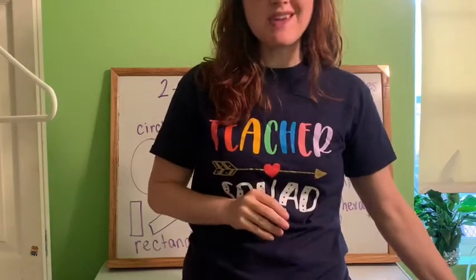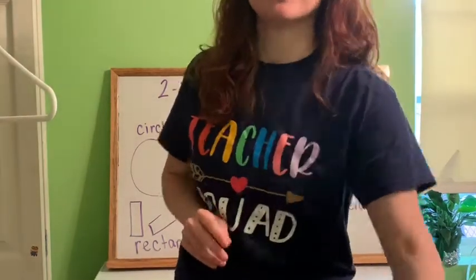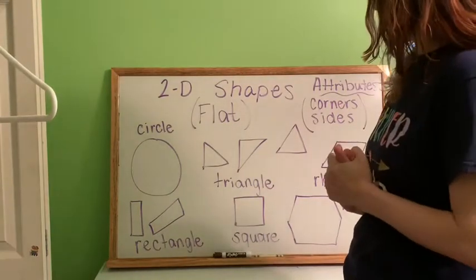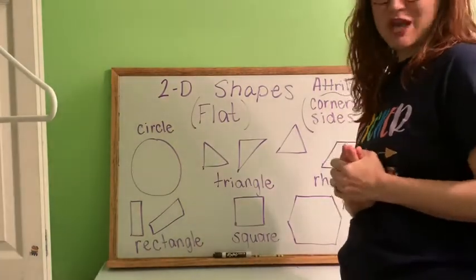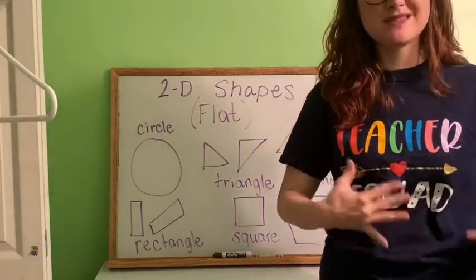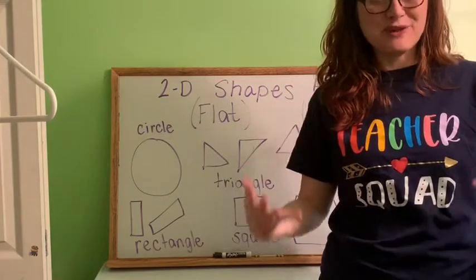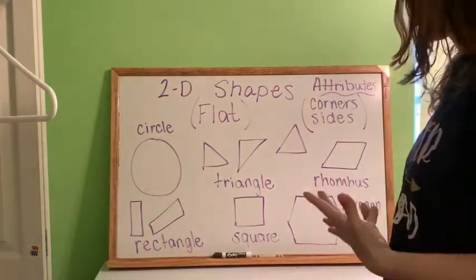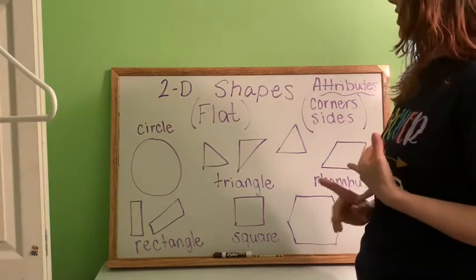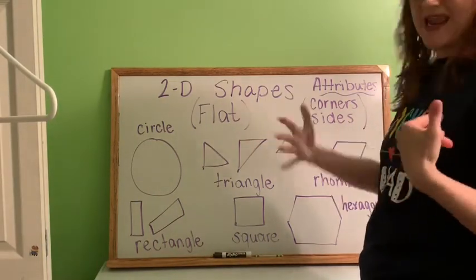And this week in math, we are going to be focusing on shapes. So I'm going to be starting out with our two-dimensional shapes, 2D shapes. And those are sometimes the shapes that we think of as flat. Now, the important things that we want the children to learn this week are really the shape names.